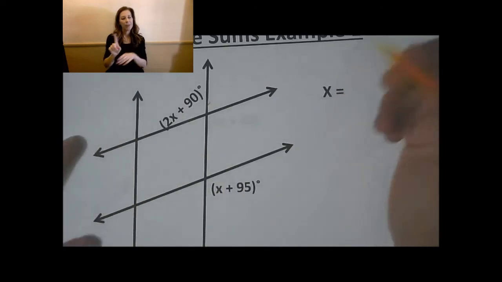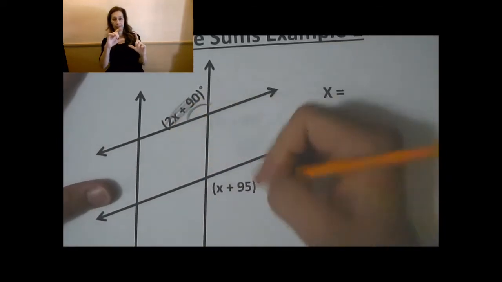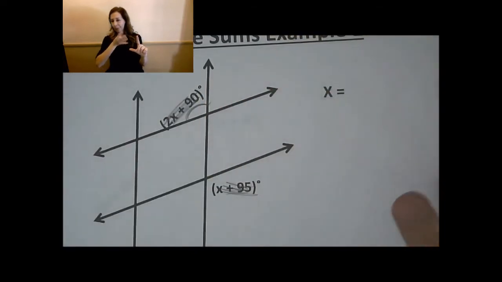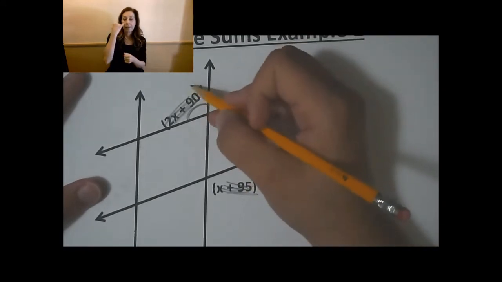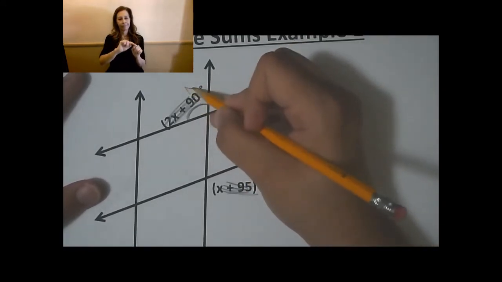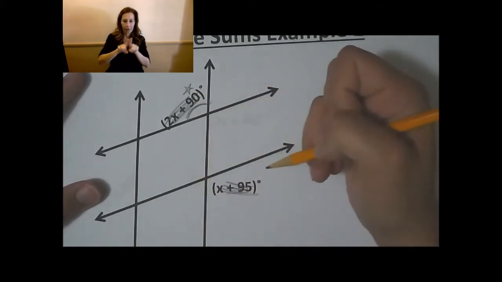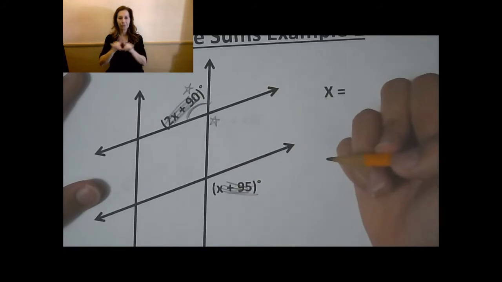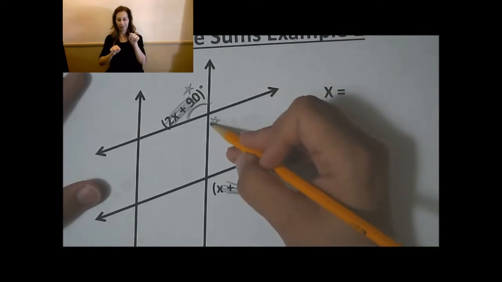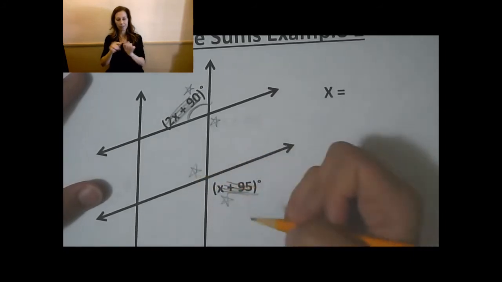For example, if I look at this angle and I pretend that is not there, and I pretend this is not there, and I say that this is angle star, where else is angle star? Well, this is angle star, this has to be angle star. And if this is angle star, this is bottom right, this one has to be angle star, and this one has to be angle star.